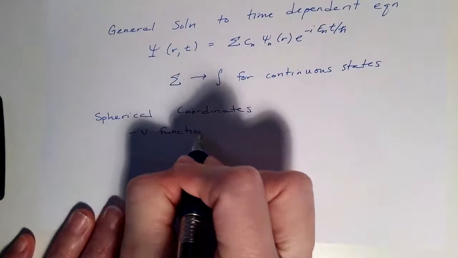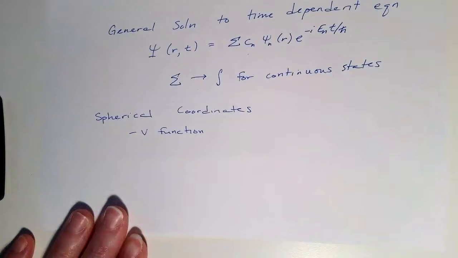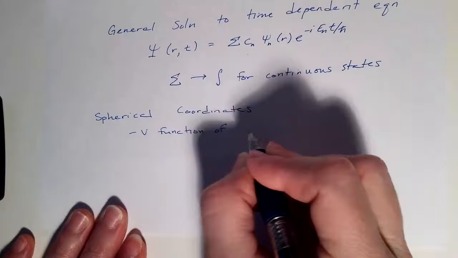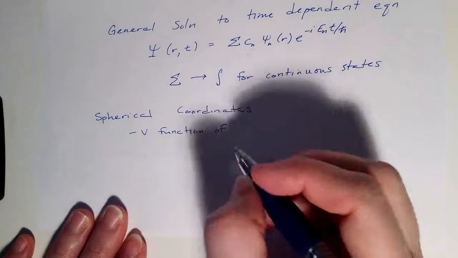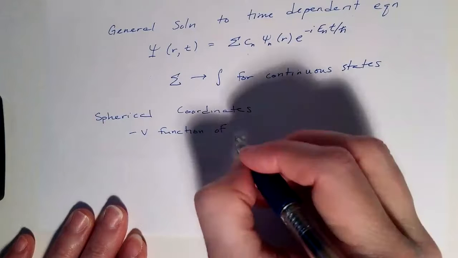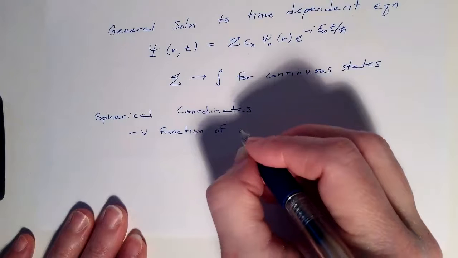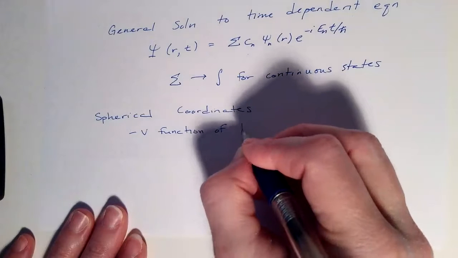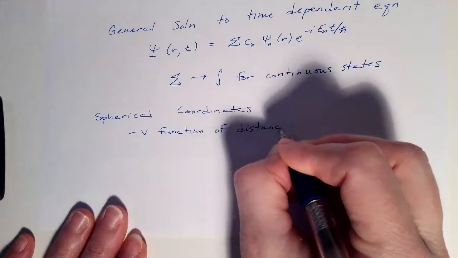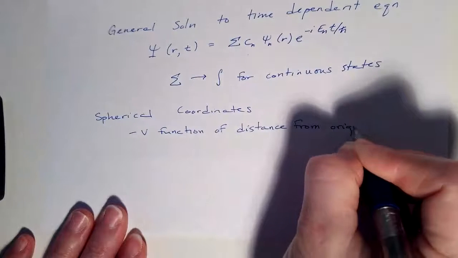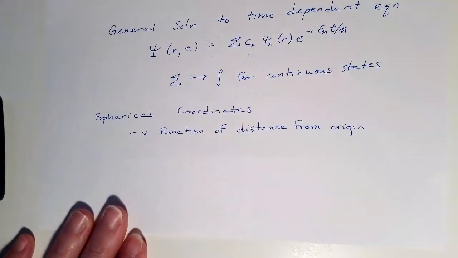This makes a lot of sense in something like the hydrogen atom, where the potential for an electron is a function of our distance from the proton in the middle of the hydrogen atom. So, a function of the distance from the origin.